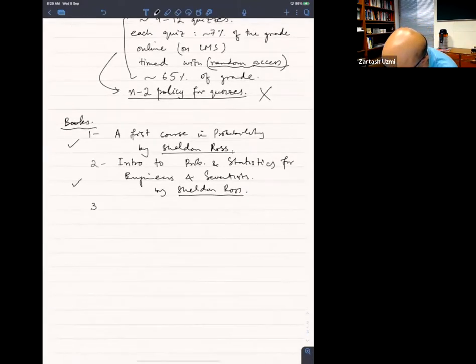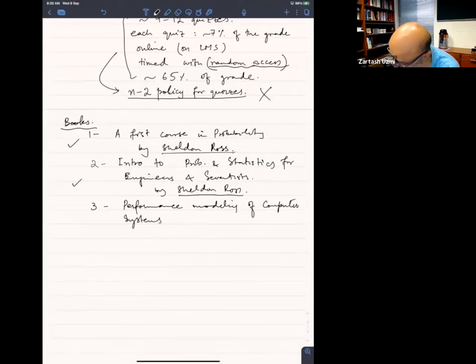Okay. There is a third book that we are going to use. It's called Performance Modeling of Computer Systems. This is by Harchol-Balter.